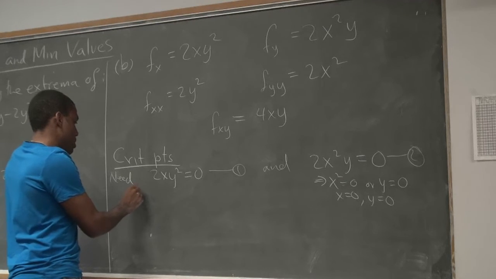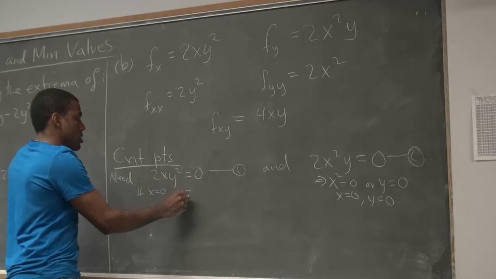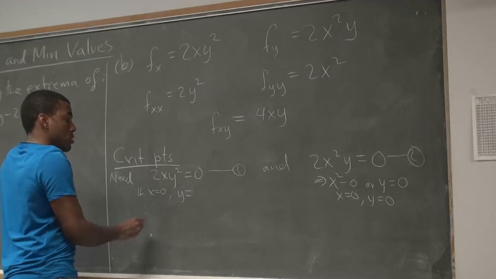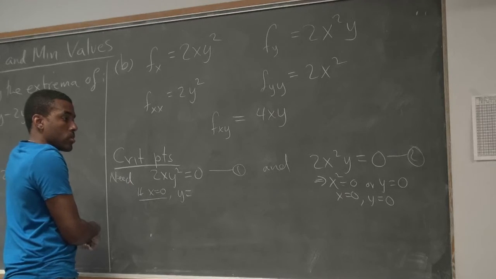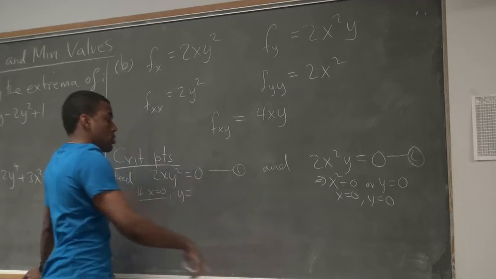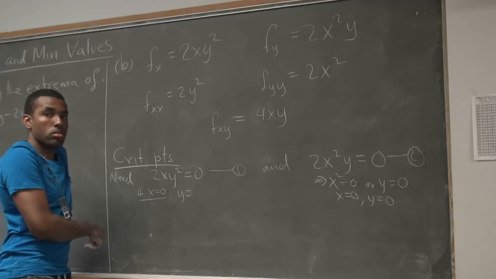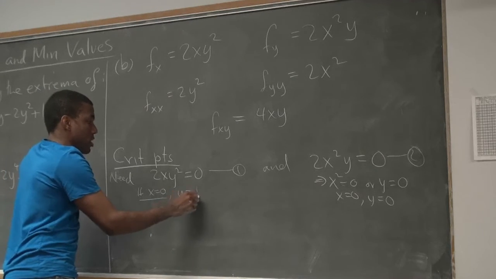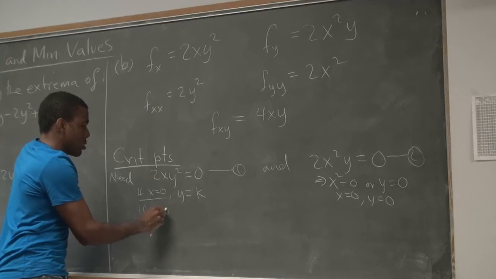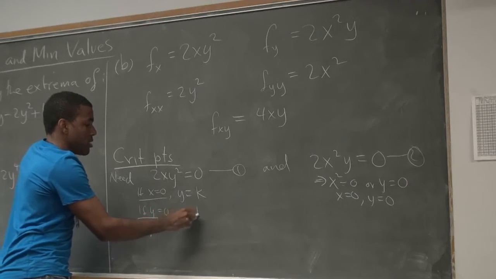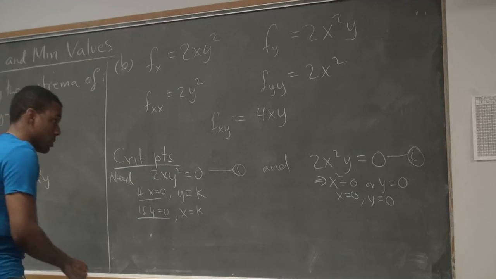I mean, clearly here, if x equals 0, then your y should be equal to what? In this case. Right, 0. You substitute one at a time. X equal to 0 here, what does your y have to be? It could be anything. Y could be anything. Right? Similarly, if y equals 0, then your x can be anything. In other words, our critical points, we have a lot of them here.